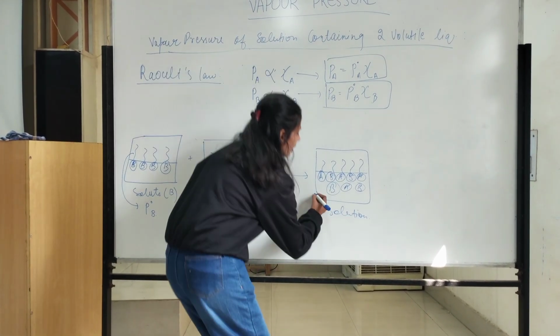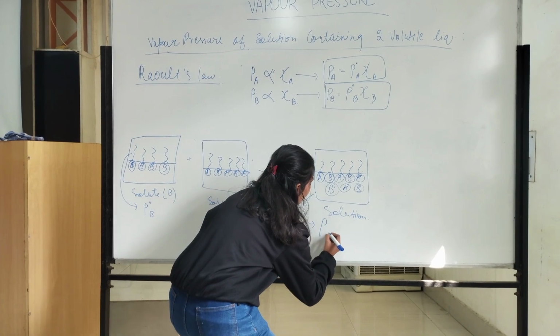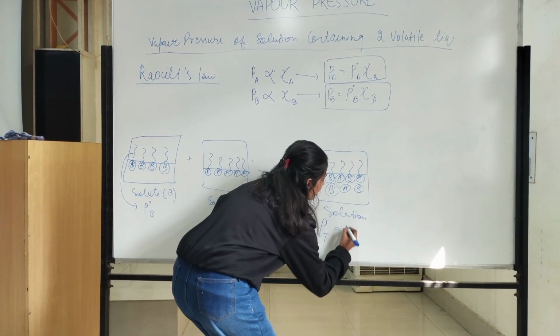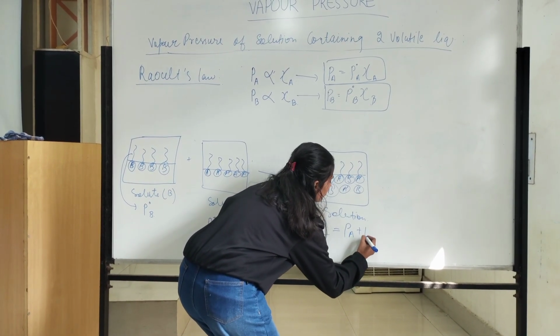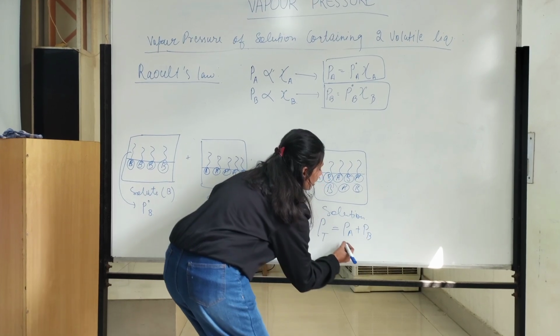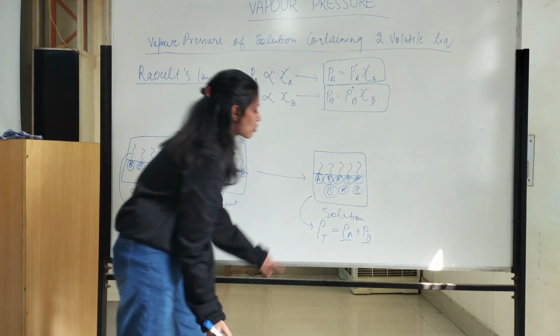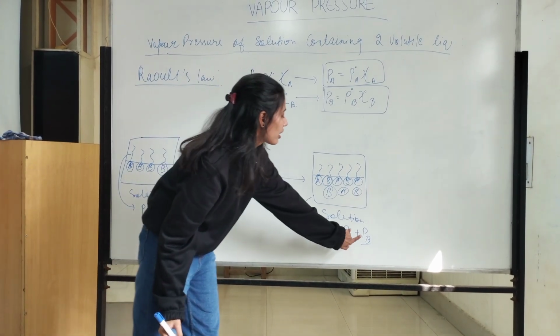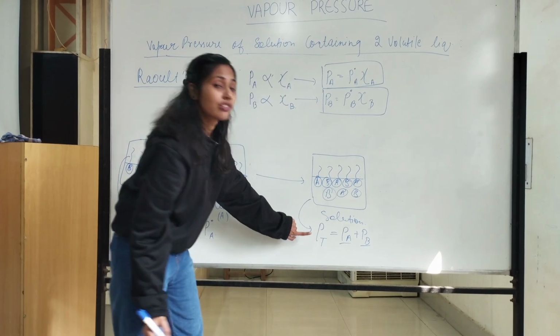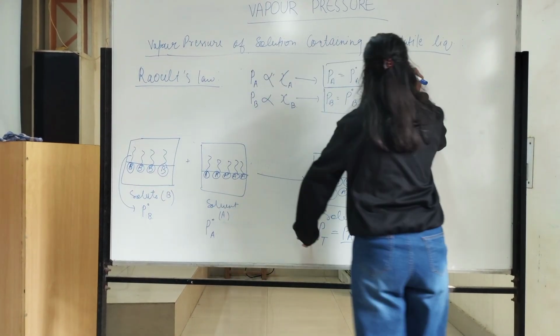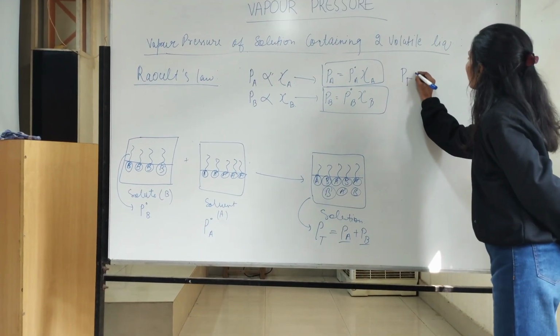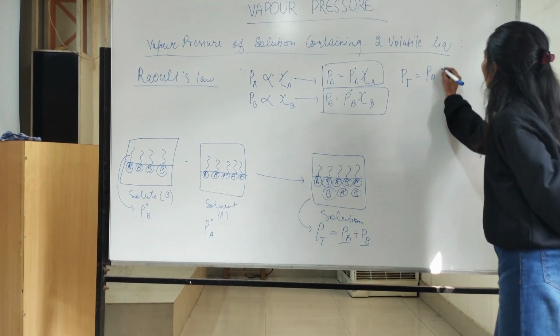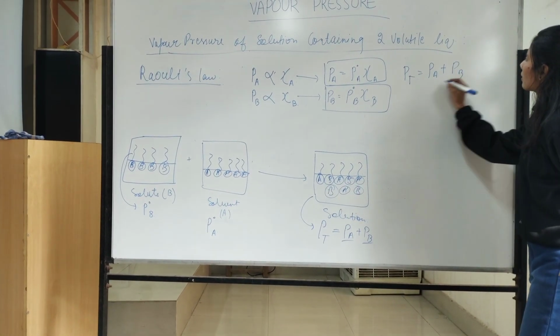So for solution we can write the total pressure is equal to PA plus PB, because the solution contains A as well as B. So we will add both, and this addition will give the total vapor pressure. So PT is equal to PA plus PB.